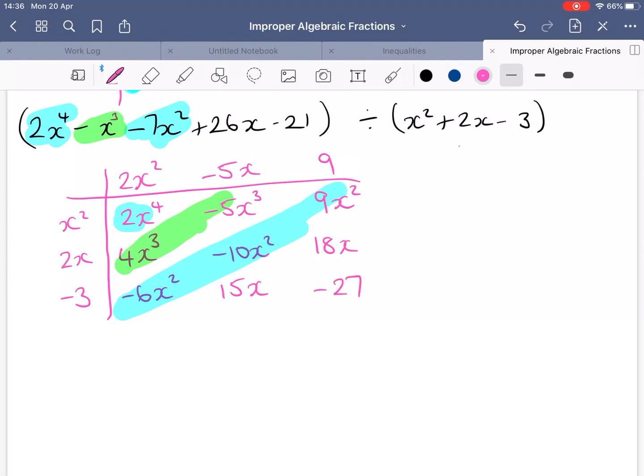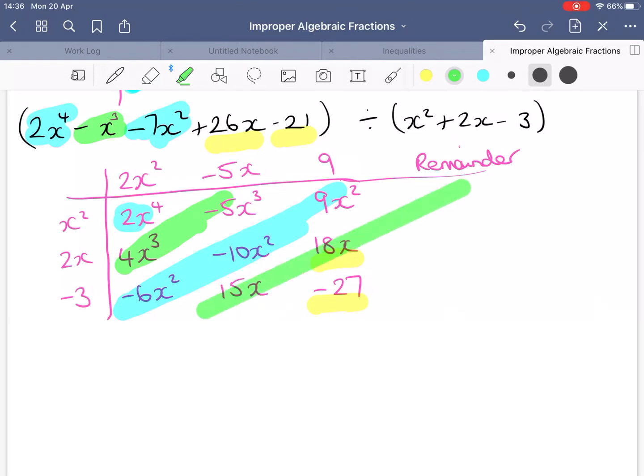And this is where the checks no longer work, because that is an 18x and that isn't minus 21. Okay. And this is where we actually then have a remainder, because we can make it work, but we can only make it work if we have a remainder. So these all have to make 26x.